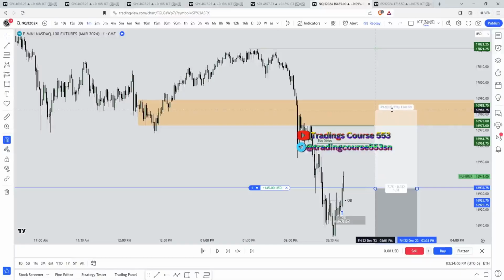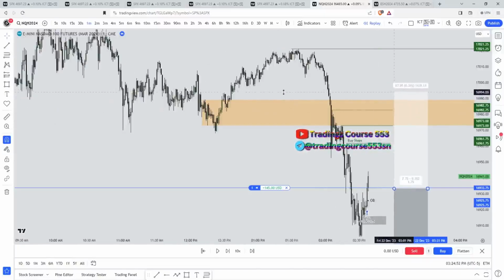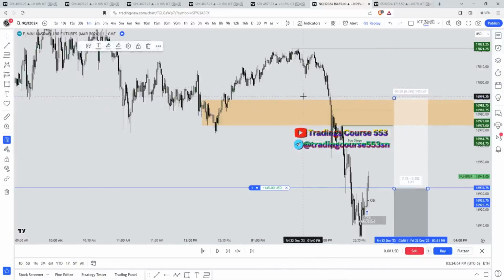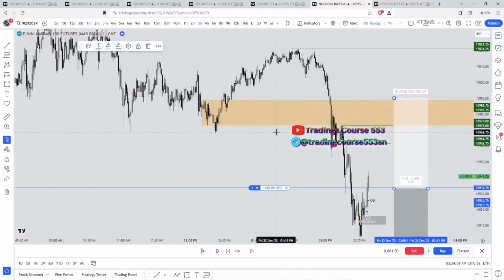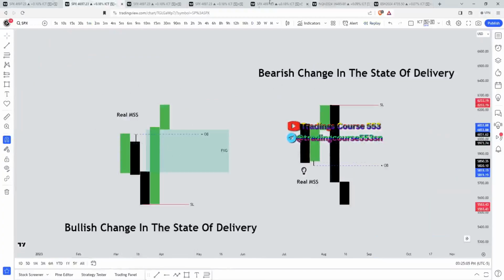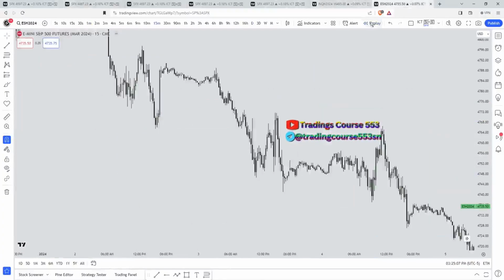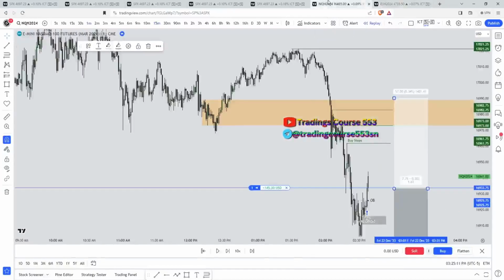Does that mean that I'm just going to target a much higher level than what I'm supposed to in this model? No. It needs to be 1 to 1.5 with me already targeting the levels that we defined over here, which is the buy side liquidity, the breaker, or the FVG in a premium.